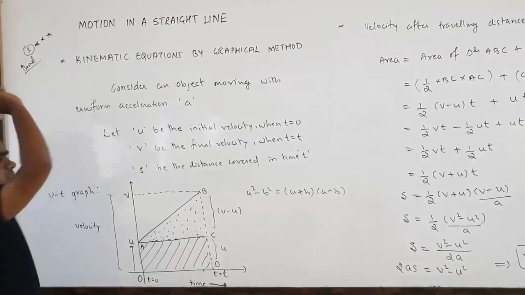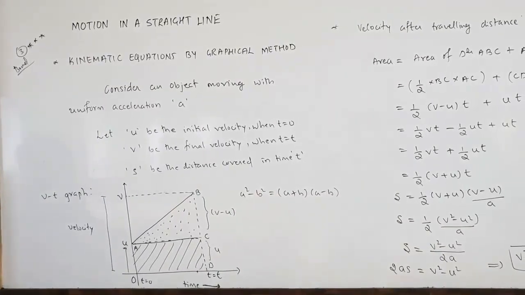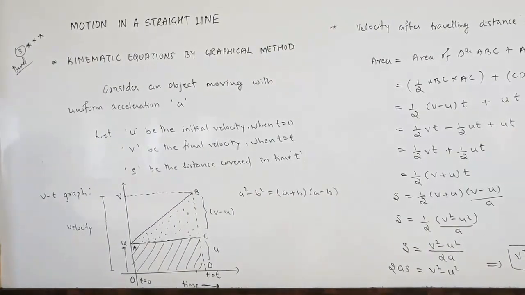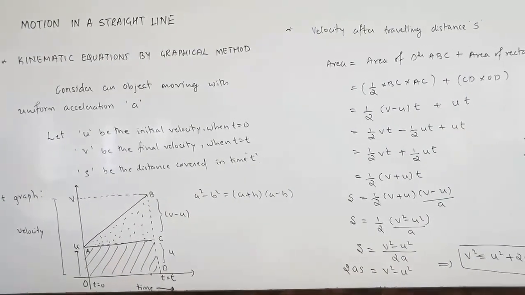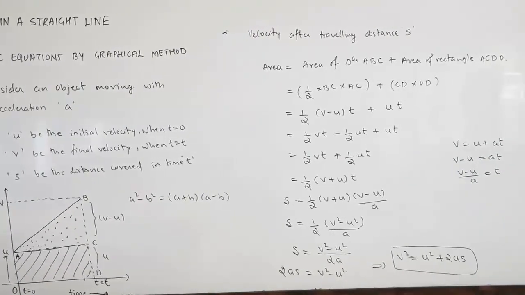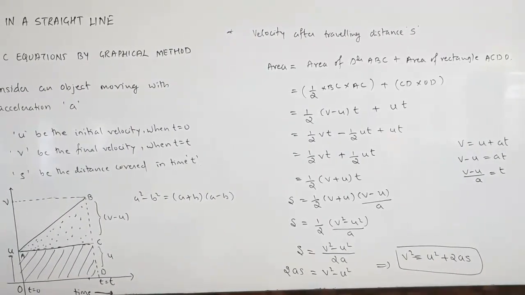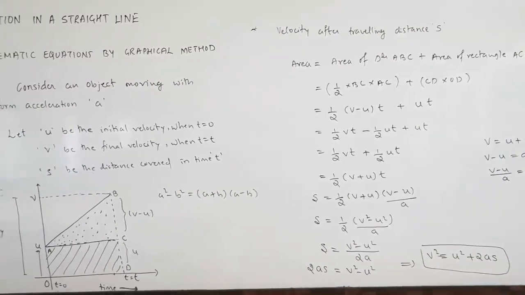You already know graphical method is very important for your competitive exams, but this derivation is important for your board exam. Okay, so go through this once, and you have to practice. You have to read, and you have to practice it on your rough paper, and it will help in your board exam.